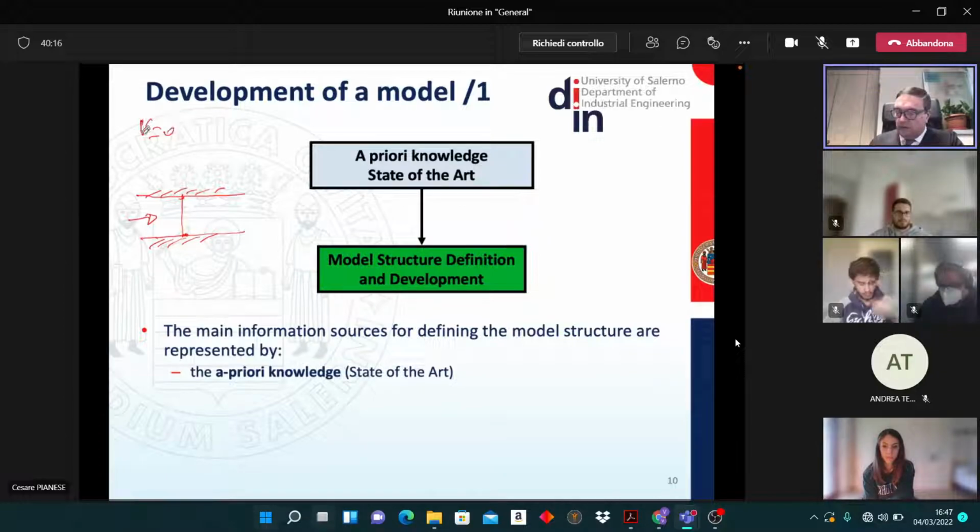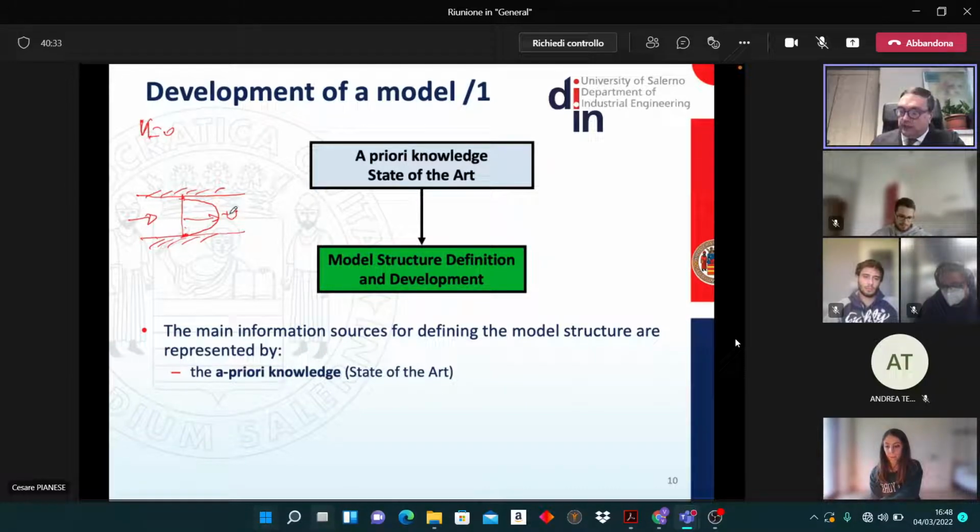Okay, it's u equal to 0 here. We know that there is this velocity profile. These are assumptions.